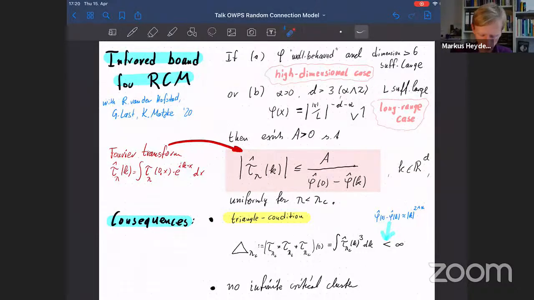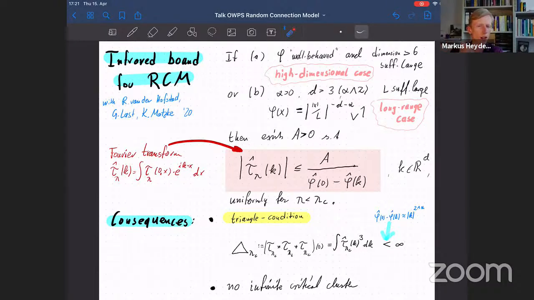And this is bounded from above by this constant over, and here we have, again, the Fourier transform of the function phi. Again, phi was the probability that 2 points are directly connected, and tau was the probability that there is a path starting in one of the points, going over some intermediate points and ending at the other point. So the function tau is a complicated function, because this is really the 2-point function where we have the path.